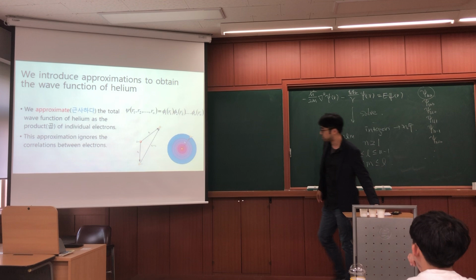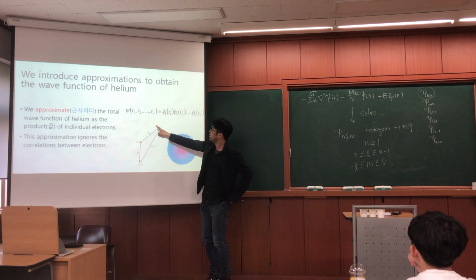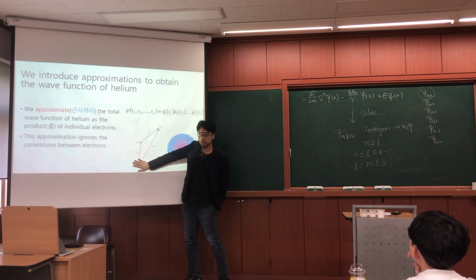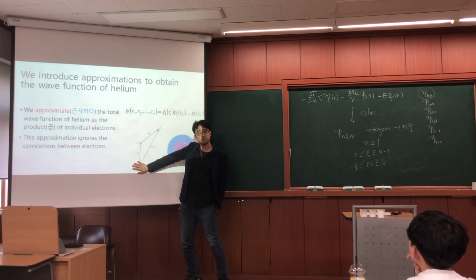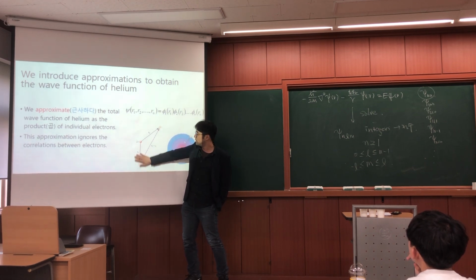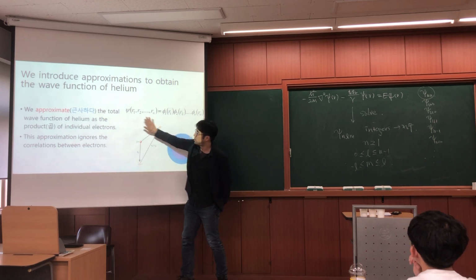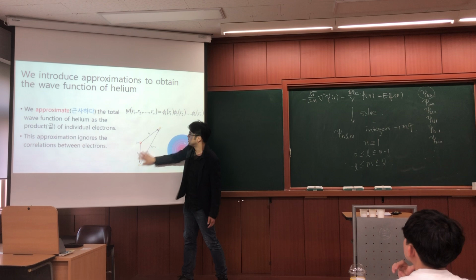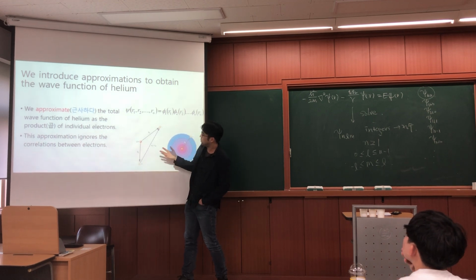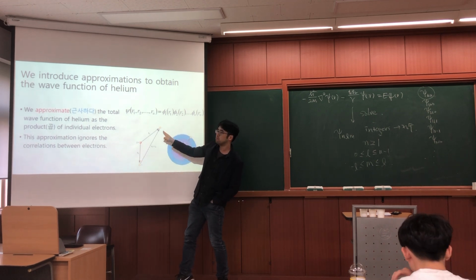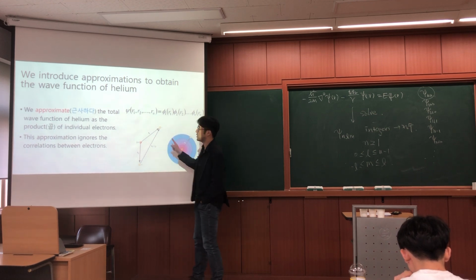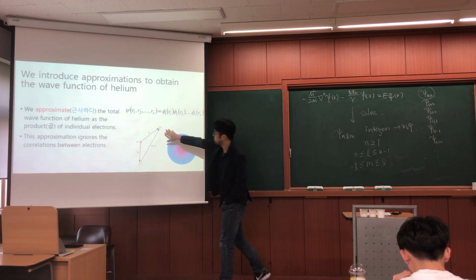So when you think about this electron, we just assume that the other one doesn't exist, or is just dispersed in space. It's a very radical approximation, but it still works.